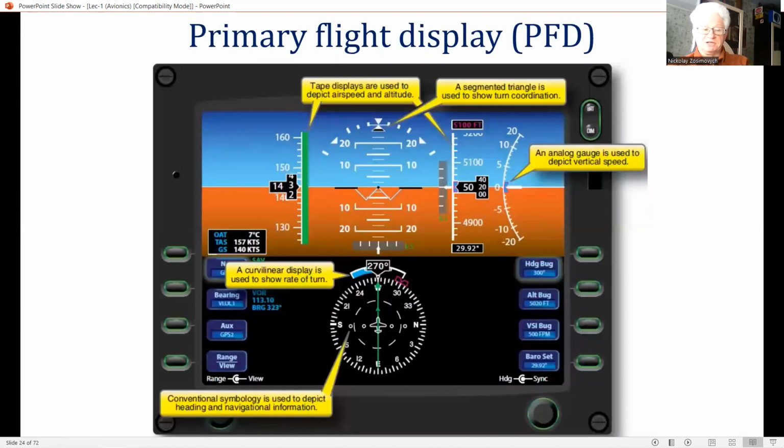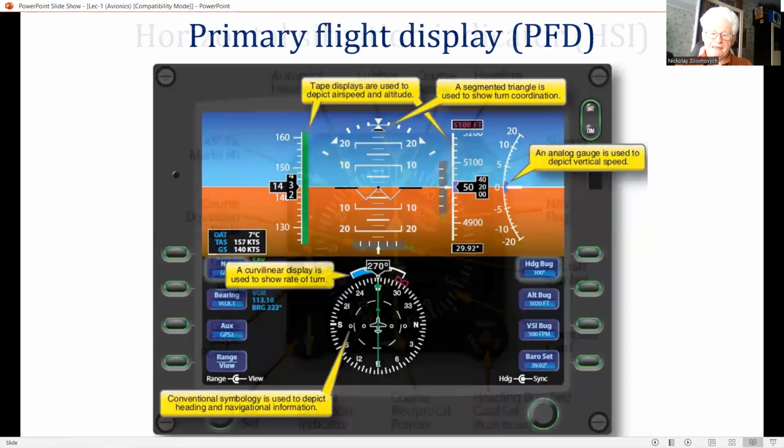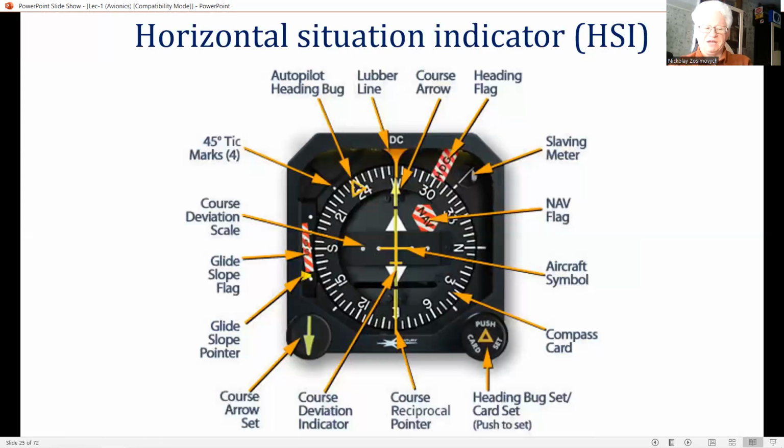The multifunction color displays provide the primary flight displays, PFD, for height, airspeed, Mach number, vertical speed, artificial horizon, pitch angle, bank angle, and heading and velocity vector too. They provide the navigation display or horizontal situation indicator, HSI.